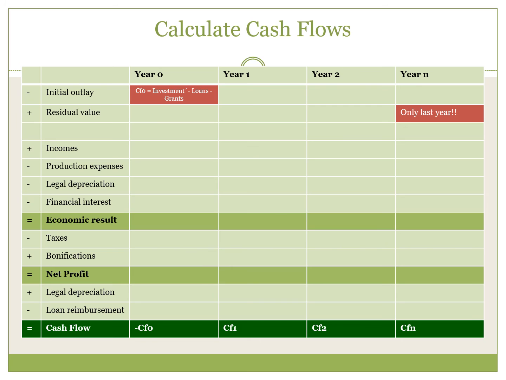So when you calculate the profit, that profit is supposed to become money, liquid money that the company is going to use. But in order to have the cash flows, you need to add legal depreciation because that money is not going anywhere. We're not paying it to anyone. That's why you need to add it.